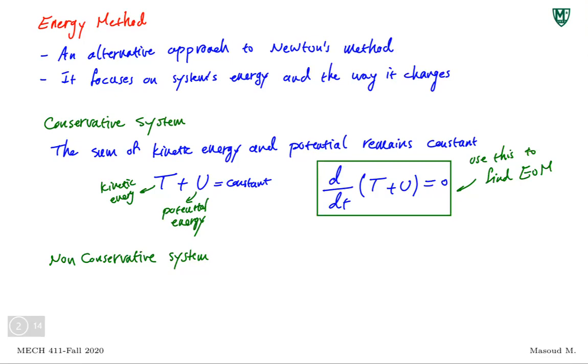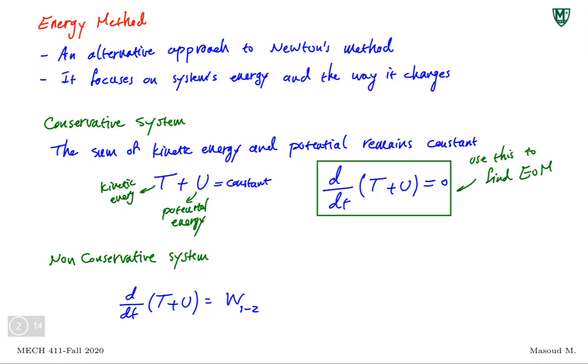So in this case, d/dt of this side is still the same. But now the right side is not going to be constant, before you take the derivative. The right side is the work done by the damper. So I'll represent that with W, work done by the non-conservative force, which is the damper, from point 1 to point 2. The system moves, it depends on the path. So how do you get from point 1 to point 2?